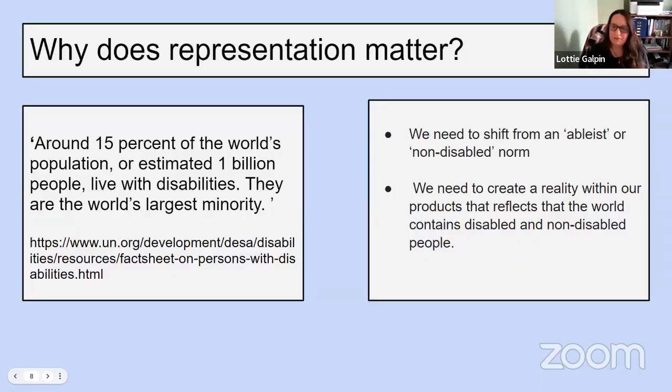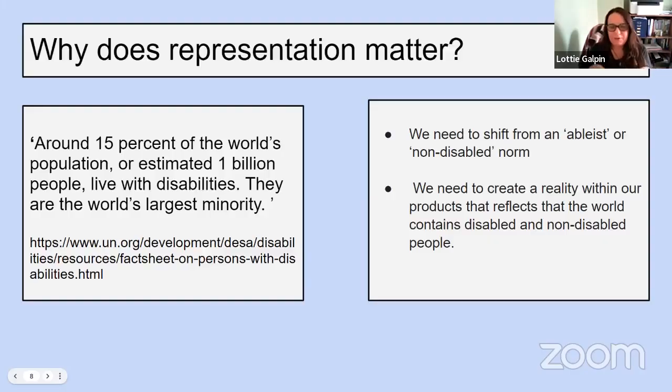I think Teresa and I discussed this before we came on, there's a real will to do this, but people are not quite sure how to do it. And I think what we need to do is make a shift from a kind of ableist or non-disabled norm in our materials, where I've mentioned we pop in these bits of representation.